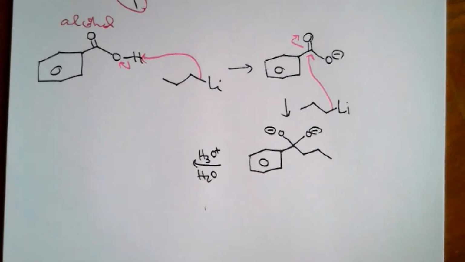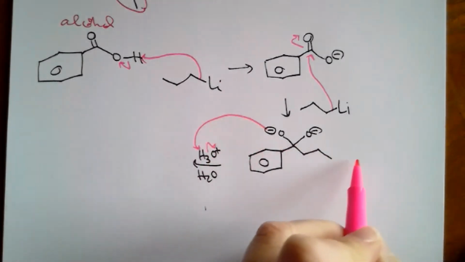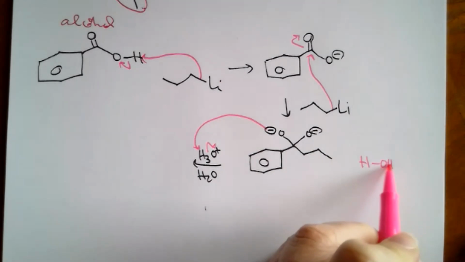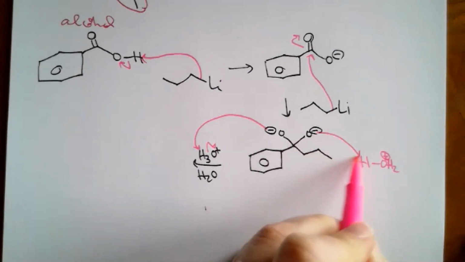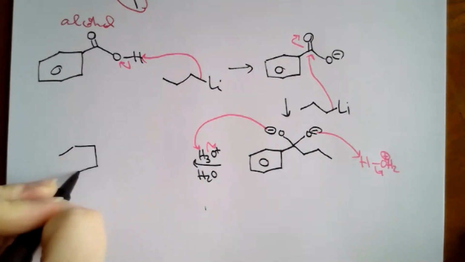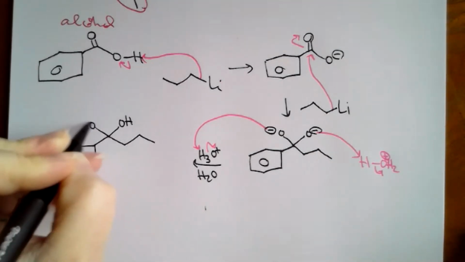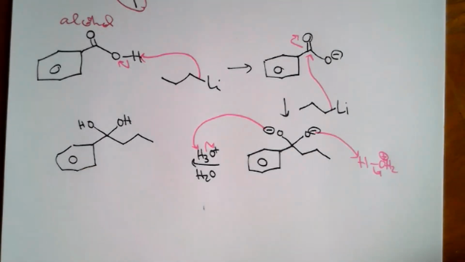So you protonate both of those O minuses. I'm going to draw it like it happens in one step, but you know that's not true. Protonates both O minuses to become this thing. This thing is known as a hydrate.